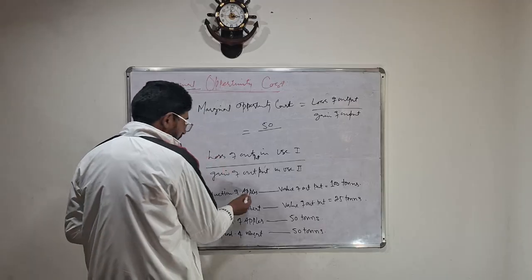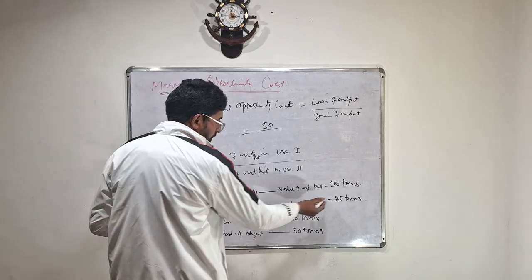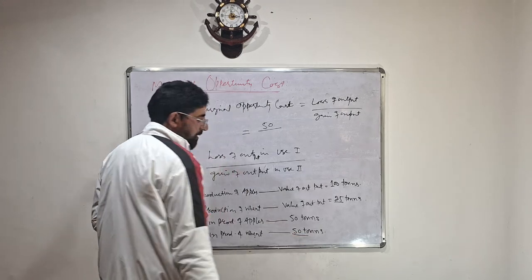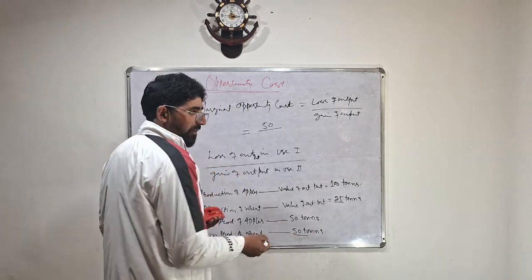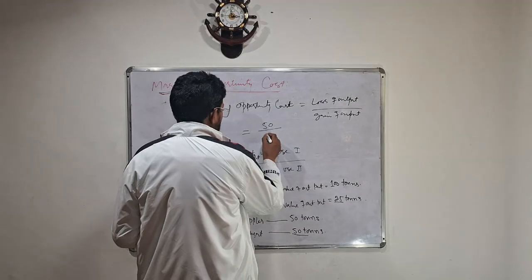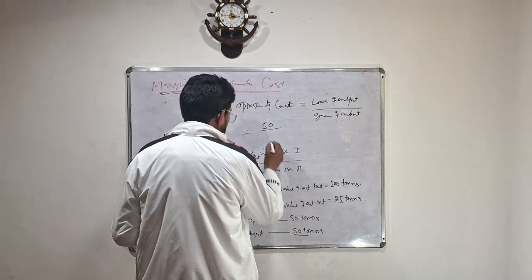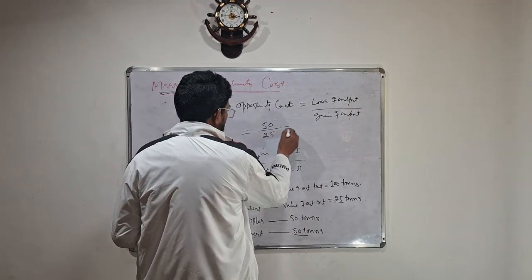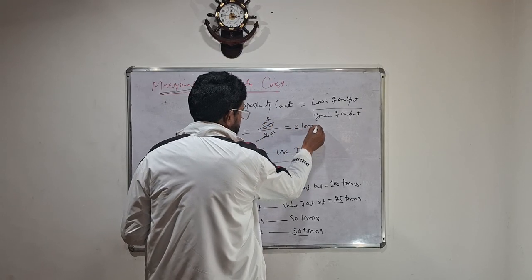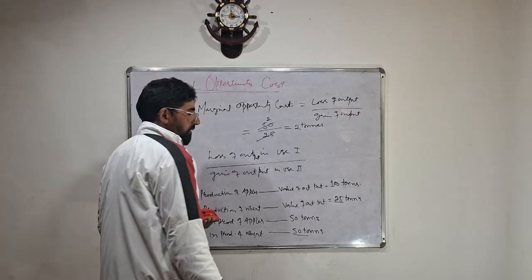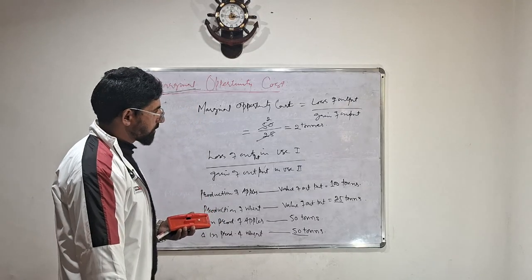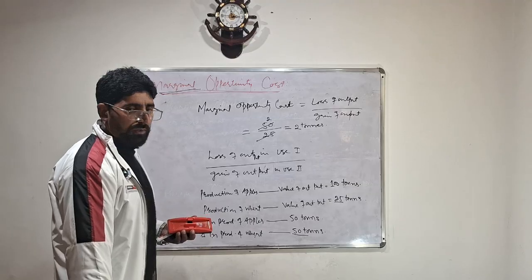Second, production of wheat is 25; now it is 50, means it has increased by 25 units. I will show you with the help of a graph so that it will be easy to understand. 50 divided by 25 means 2 tons are gained when resources are shifted from production of apples to production of wheat.